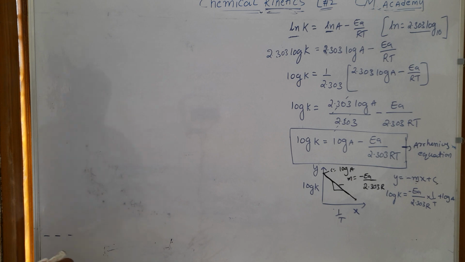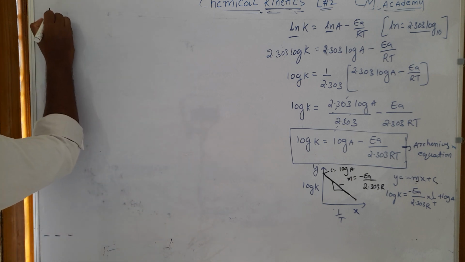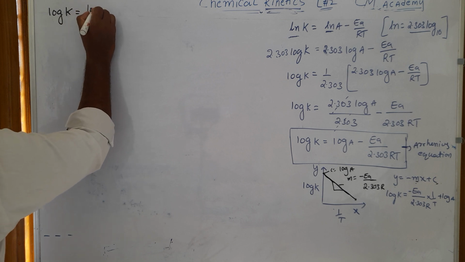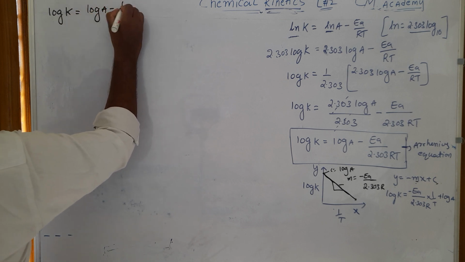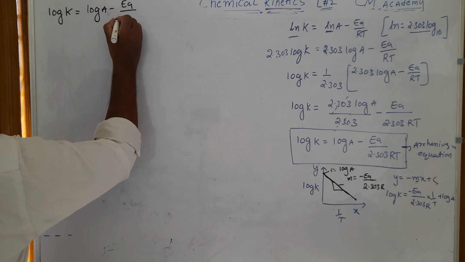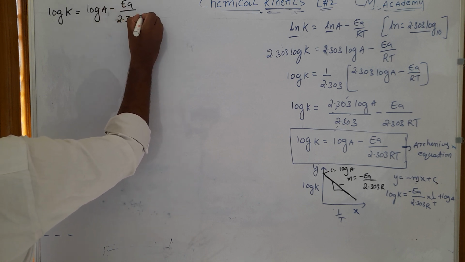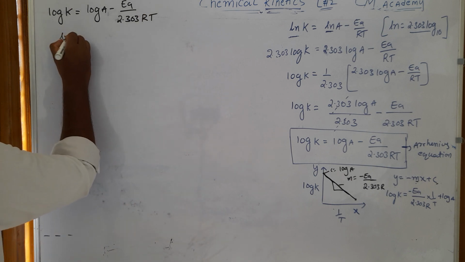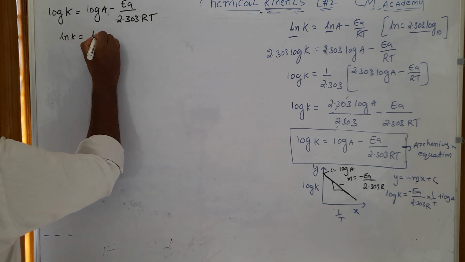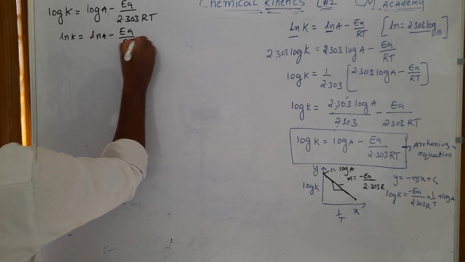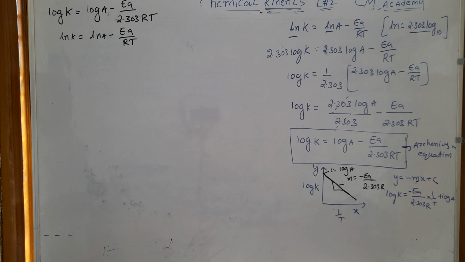So what is the Arrhenius equation? Log k is equal to log A minus Ea by 2.303 RT, or ln k is equal to ln A minus Ea by RT. This is the Arrhenius equation.